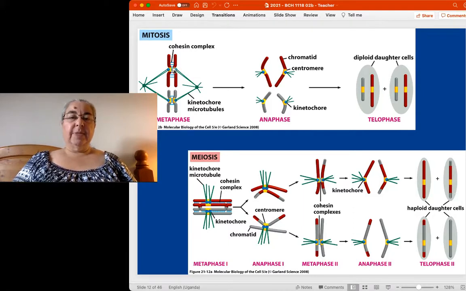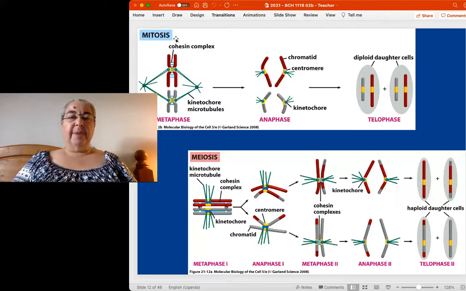Okay, so the attachment here on the centromere, which is illustrated in yellow on these chromosomes, the kinetochore is a protein structure that forms on the centromere and allows the microtubules of the spindle to attach to the chromosome.